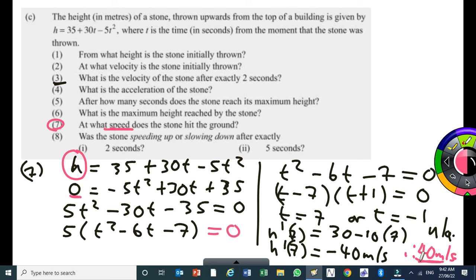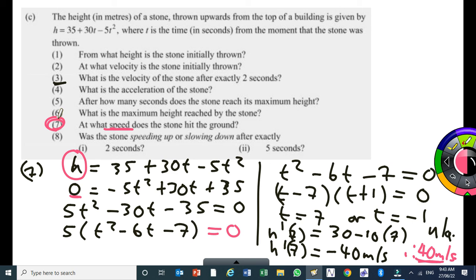If the question was saying velocity, it would be 40 meters per second as well, but it would be 40 meters per second downwards. Velocity has got direction, but here it's speed, so the answer will be 40 meters per second. Now I want you to be aware that this question has 2 parts. First, you need to find the time it will take to hit the ground.